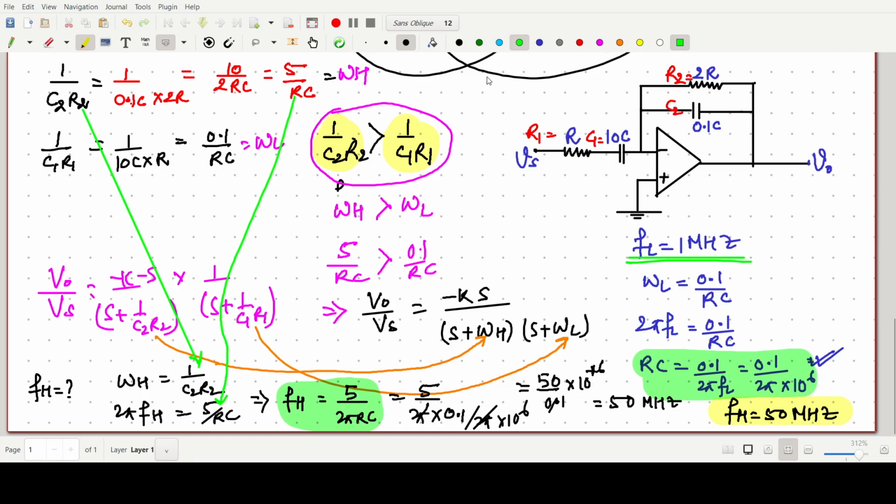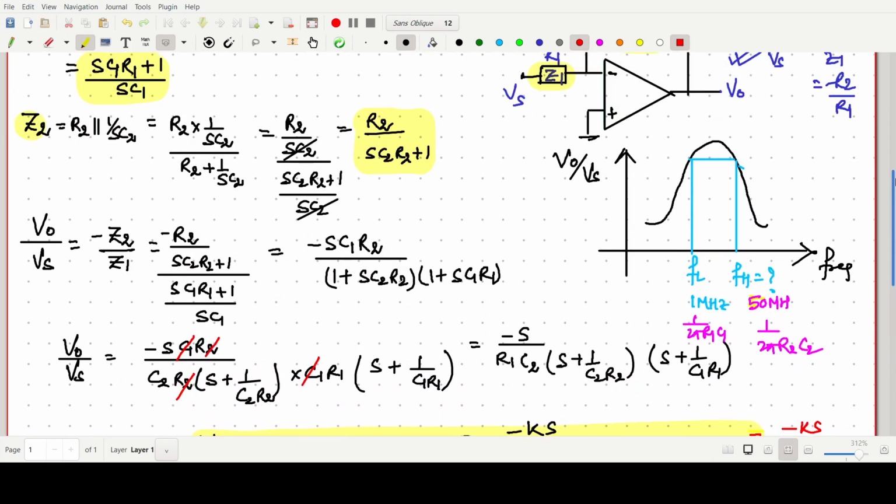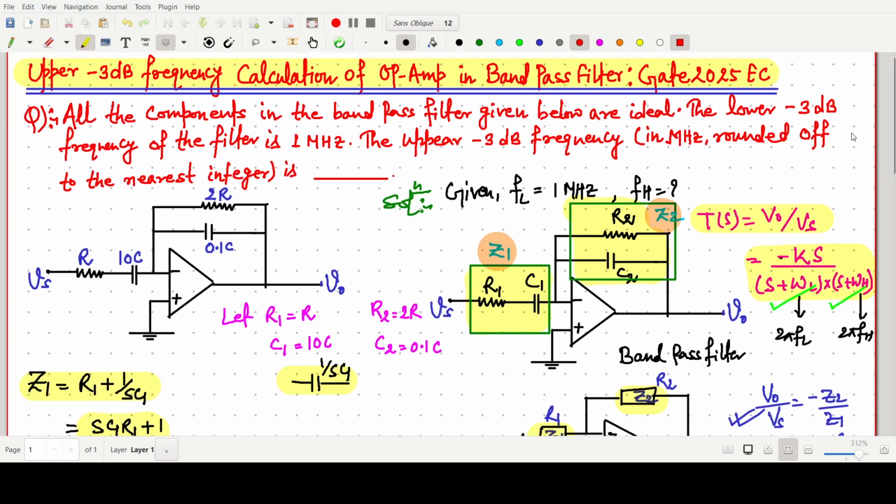RC we have put here. Then it will come to 50 megahertz. So this is all about the GATE question for the upper minus 3 dB cutoff frequency calculation.